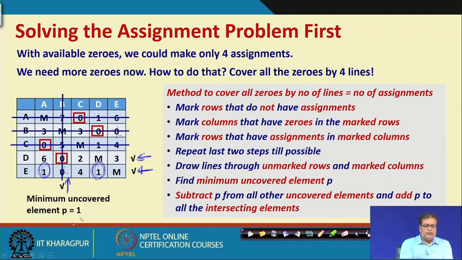So, call that P, and P equal to 1. Is it all right? So, next what we have to do? We have to subtract P from all other uncovered elements, that means these ones will be zeros, and add P to all the intersecting elements. Is it all right?